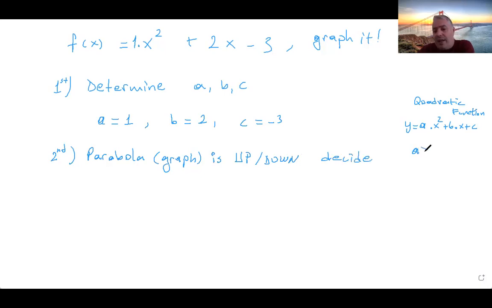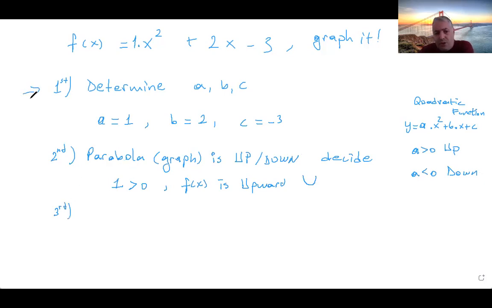If a is greater than 0, up. If a is less than 0, down. So what is a? 1. 1 is greater than 0, so the function is upward. That means the function will be something like that. Okay? Third step.